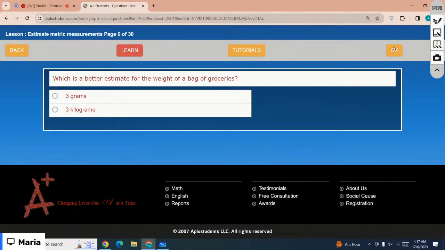Which is a better estimate for the weight of a bag of groceries? Is it 3 grams or 3 kilograms? Which is the correct option?